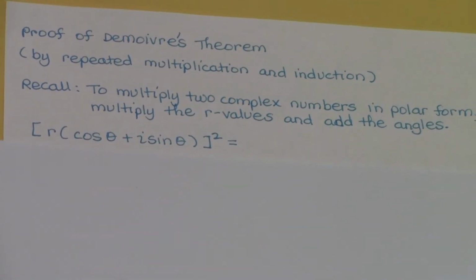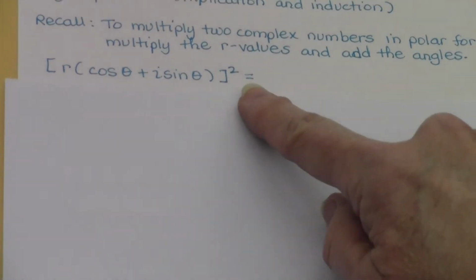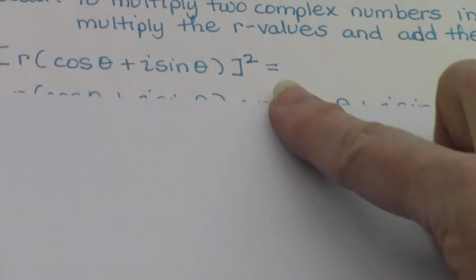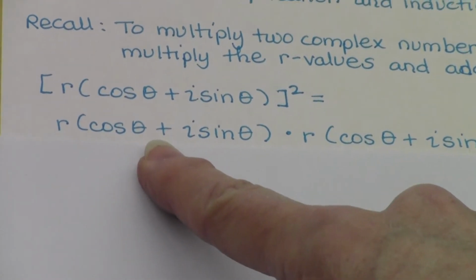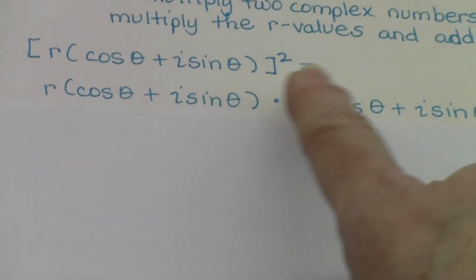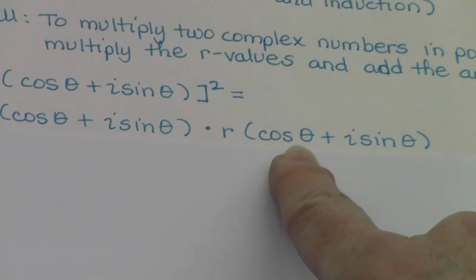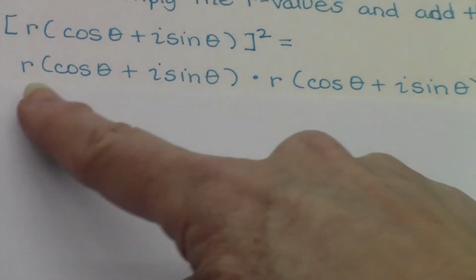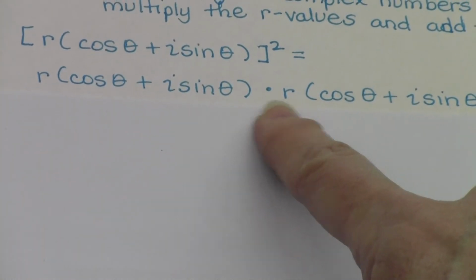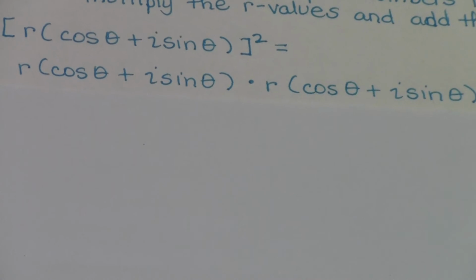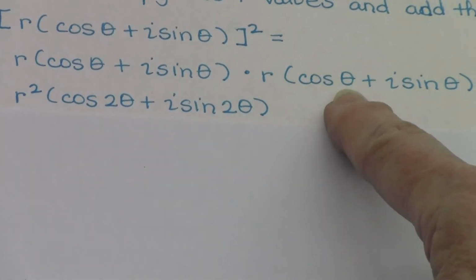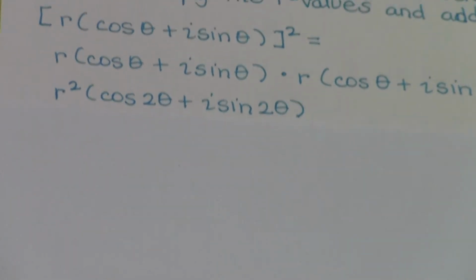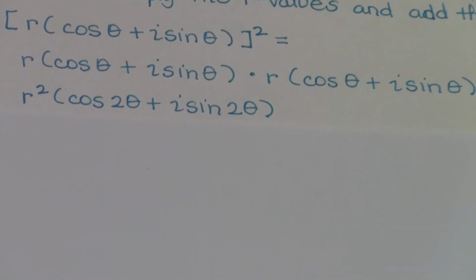So I'm going to keep it really simple at first and raise this to the 2nd power. That means I have r cosine theta plus i sine theta times itself. Well, I'm going to multiply the r values. That'll give me r squared. And then I'm going to add the angles. Theta plus theta is 2 theta. That's it for the second power.